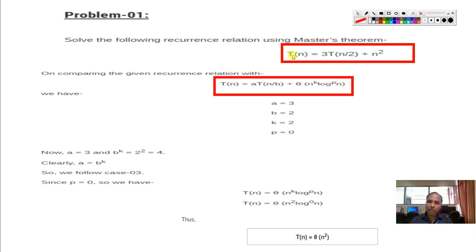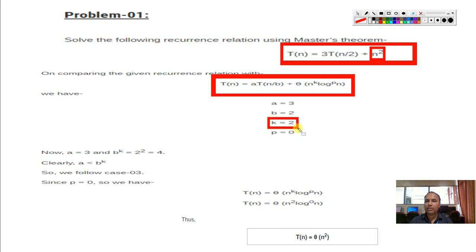Now if we compare these two equations, here T(n) is there, T(n) is there, here aT(n/b) is there, and here 3T(n/2). So if we compare properly, the value of a will be 3 and the value of b is 2. Then Θ(n^k): theta is a tight bound, and for that, we have n^2 here, so comparing with n^k, the value of k we are going to get is 2.